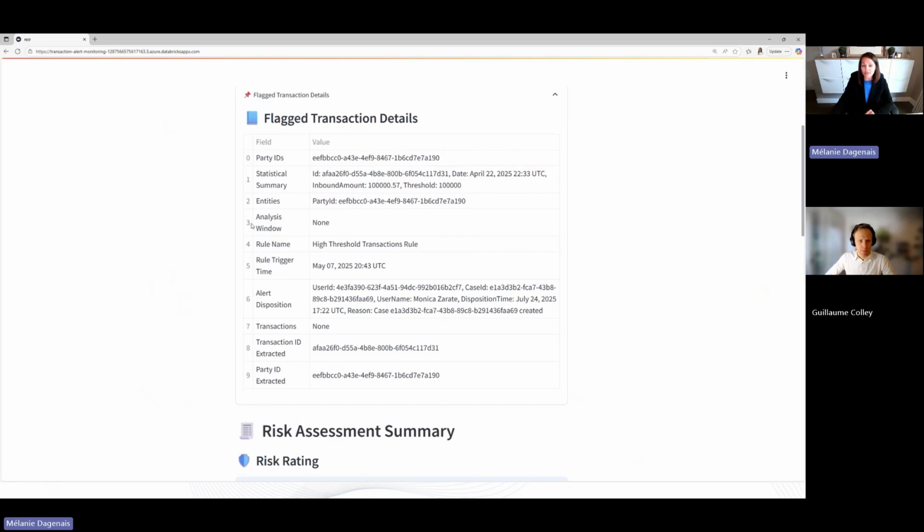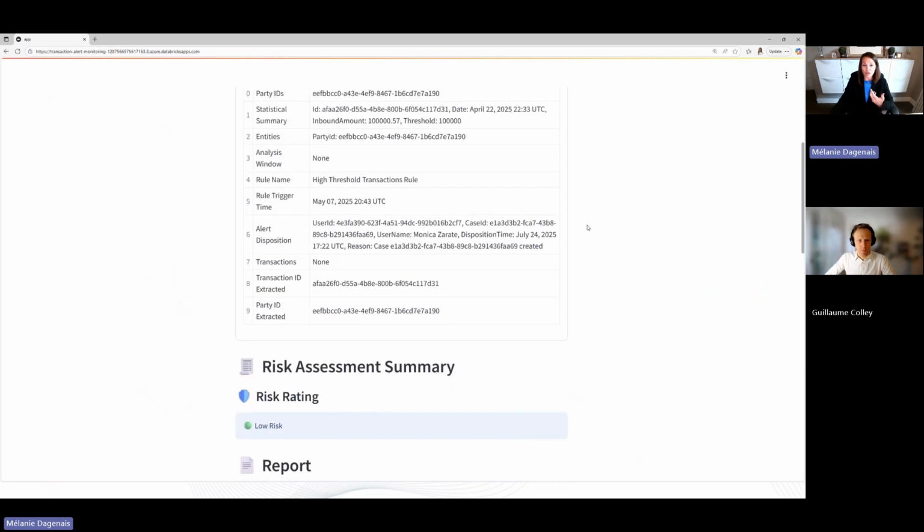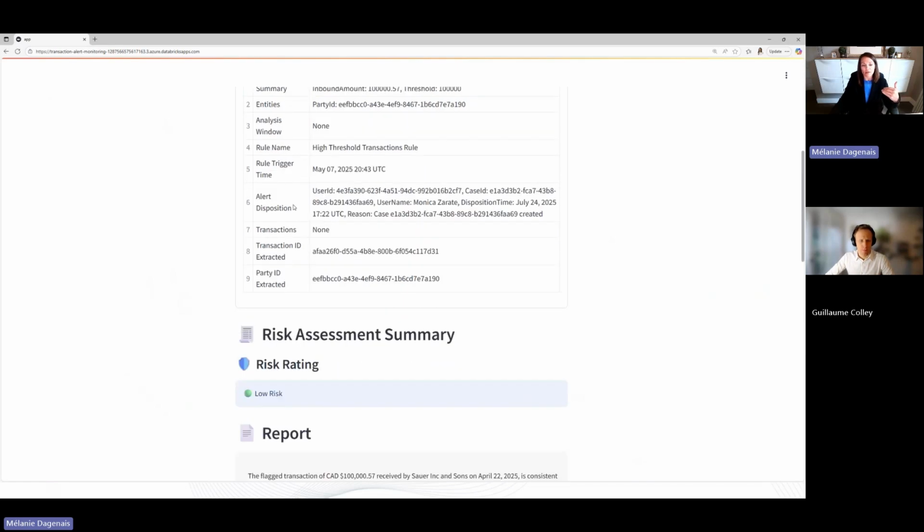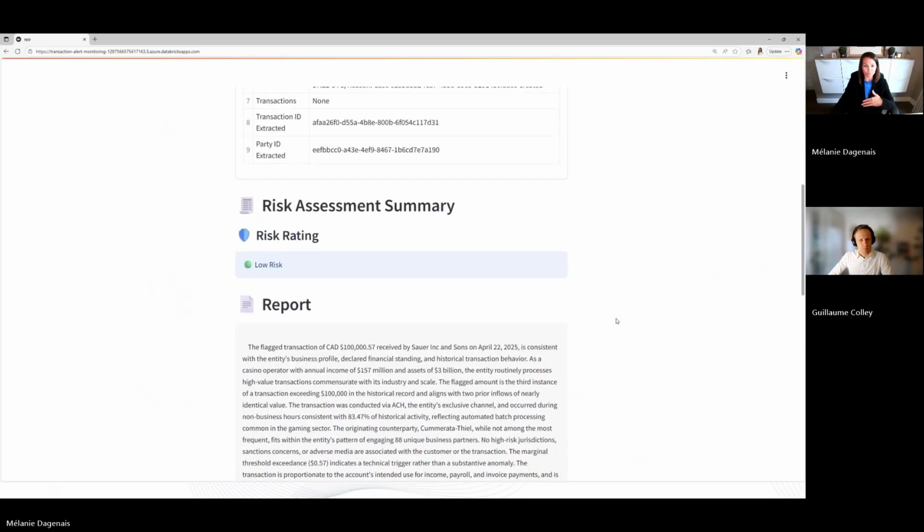You will also have the analysis window that the alert was generated on. Again, here, that's the rule name, the rule triggered, the time and date, and this is very hard data that's collected from the agent in order to provide you with this summary.